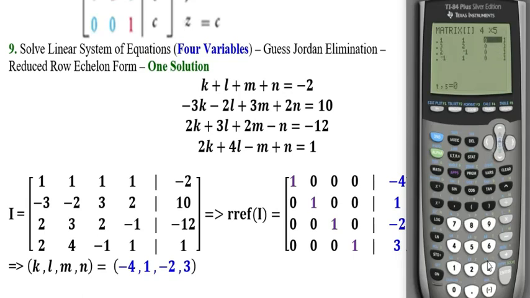Augmented with minus 2, 10, minus 12, 1.